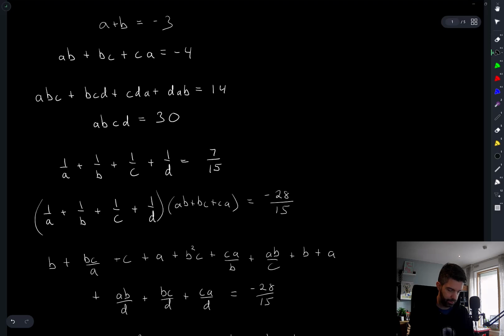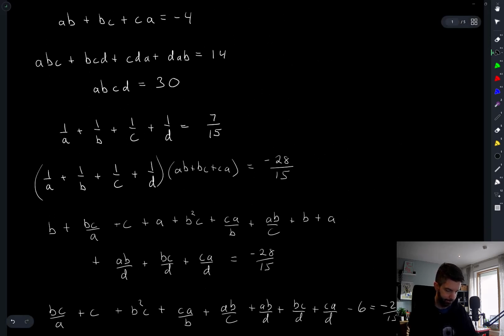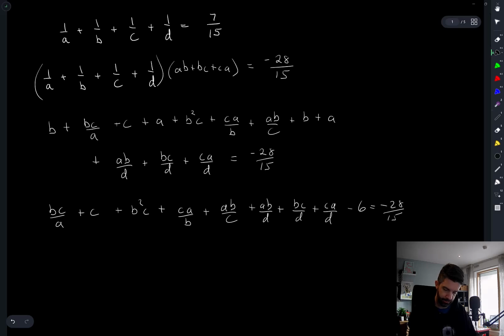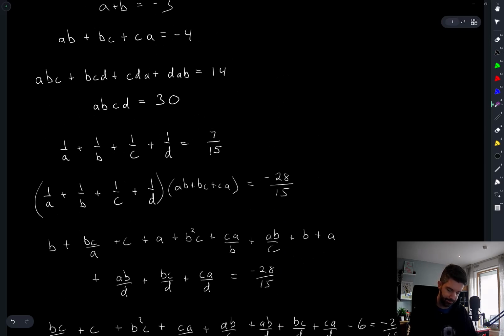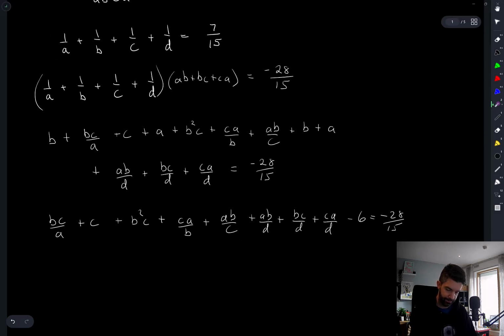Have I used all the equations? I've used the third and fourth, one divided by the other. I multiplied by this one, and I substituted with the top one. This also, all of this divided by D. AB plus BC plus CA.